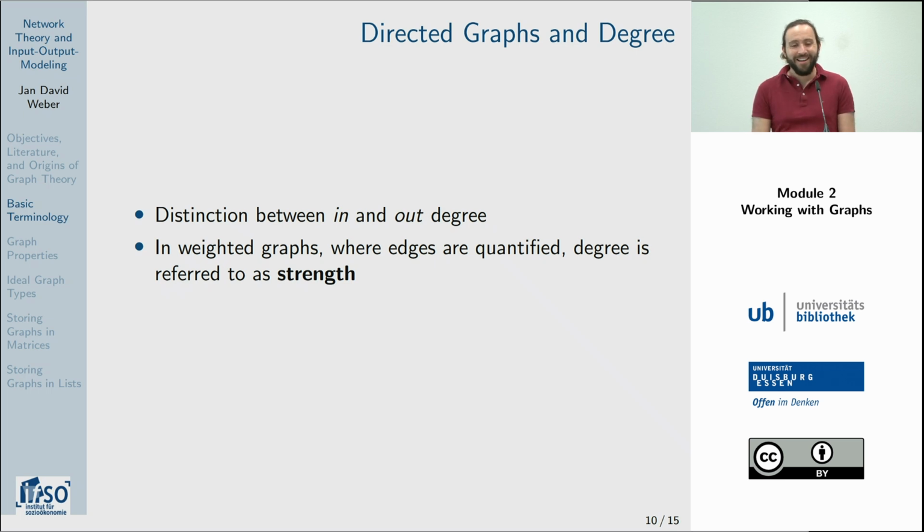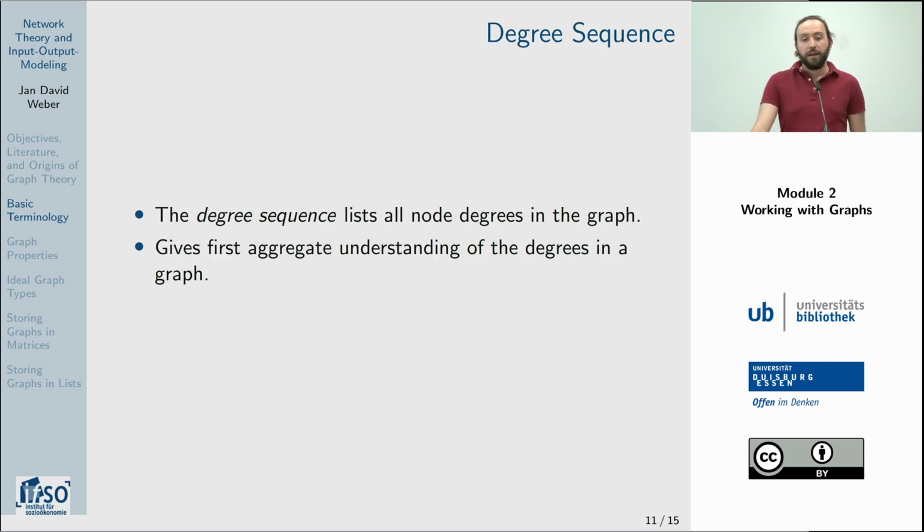Now, we have that edges are quantified. Then we add them up, and then we get a strength. So also here, the really intuitive understanding of strength, directions, and distinguishing different concepts with different names, so people are not getting confused.